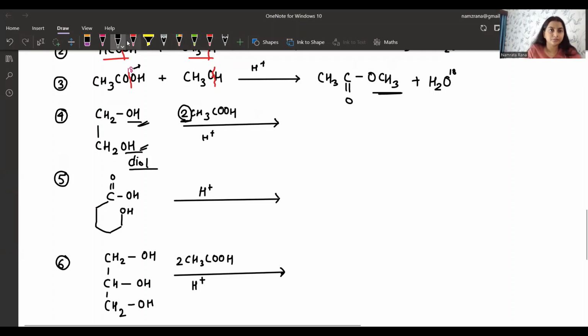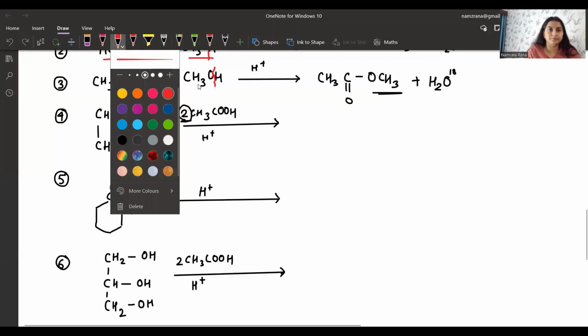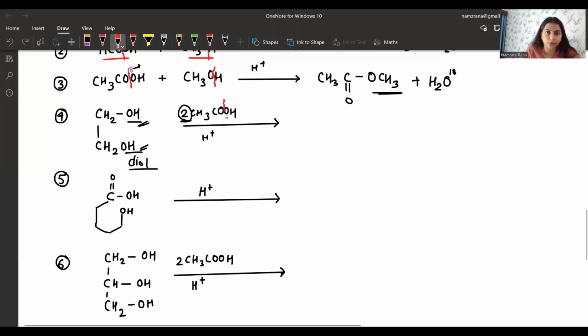So this time you need to cleave this acidic part OH and you need to cleave this OH of your alcohol, correct? So we'll be getting CH3 C double bond O of this acidic part. You'll connect this oxygen, to which we have connected CH2.